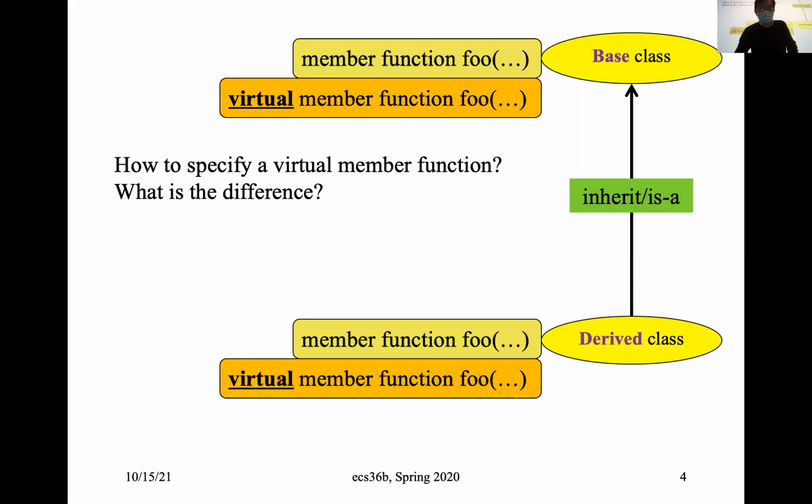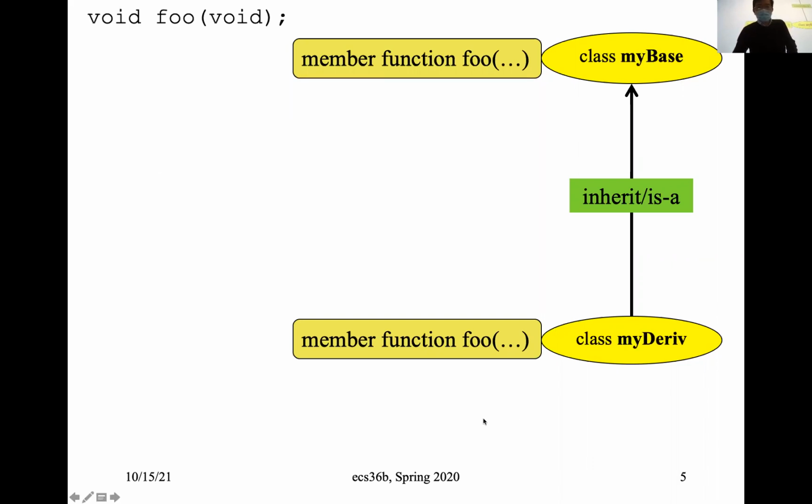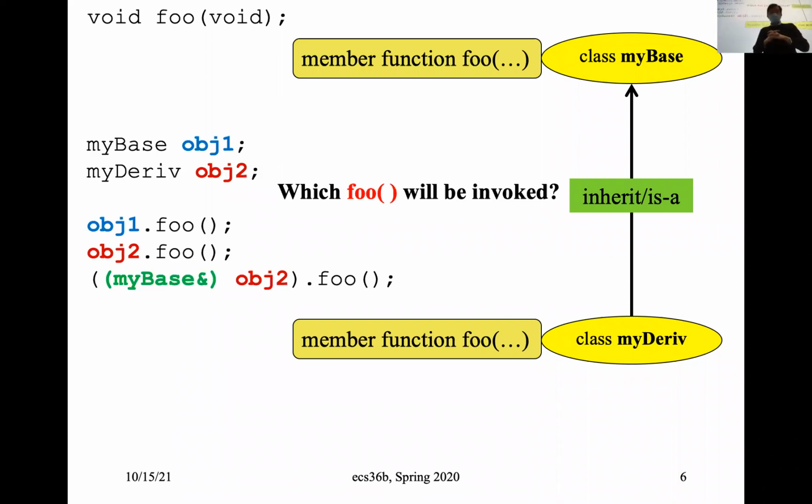Okay, so if it's a regular function, assuming this is not virtual, just a regular member function foo. So I have a base class and a derived class, both of them have foo. So the question to you is this. Now I'm looking at my syntax. I create an object.